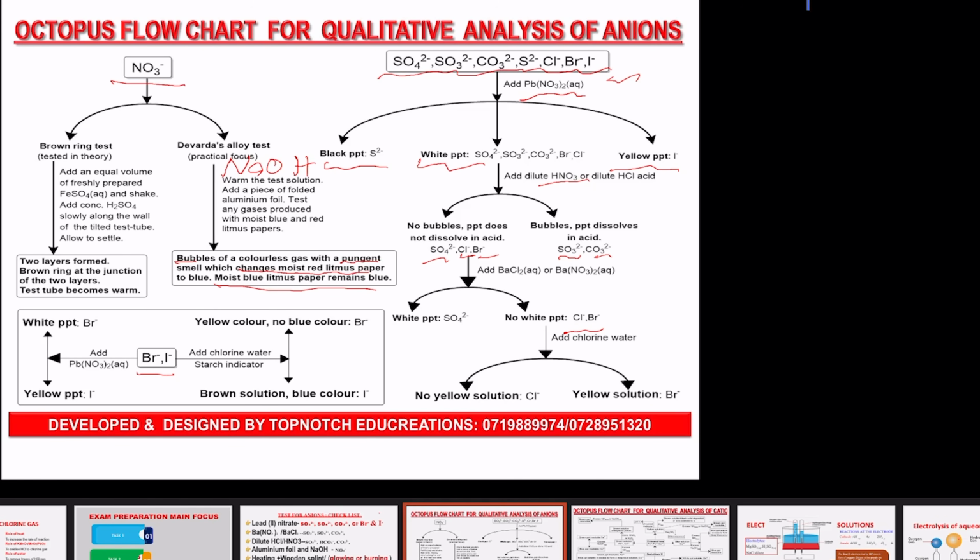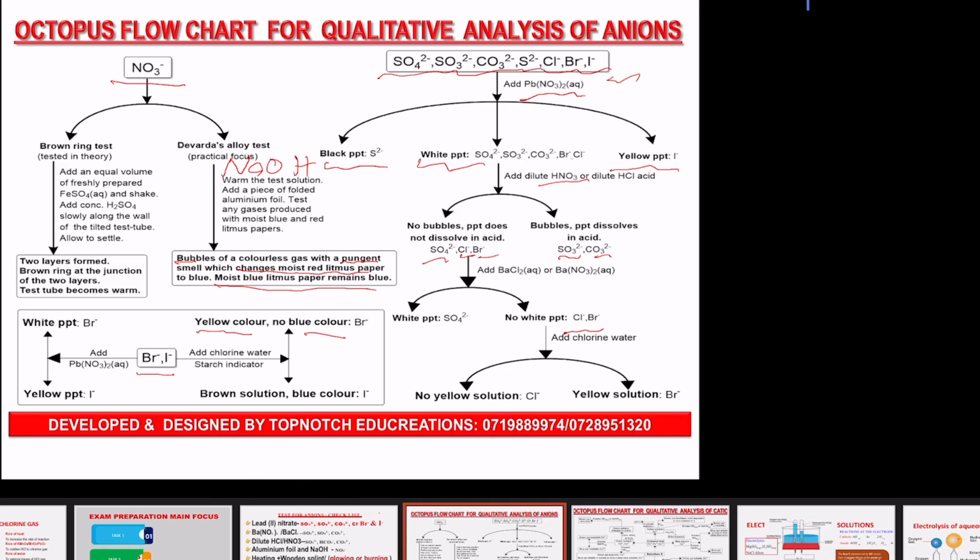Because bromine does not react with starch, there will be no blue color. So the 2 observations are yellow solution and no blue color. With iodide, we form a brown solution, and blue color will also be observed. Then you confirm iodide ions are present.